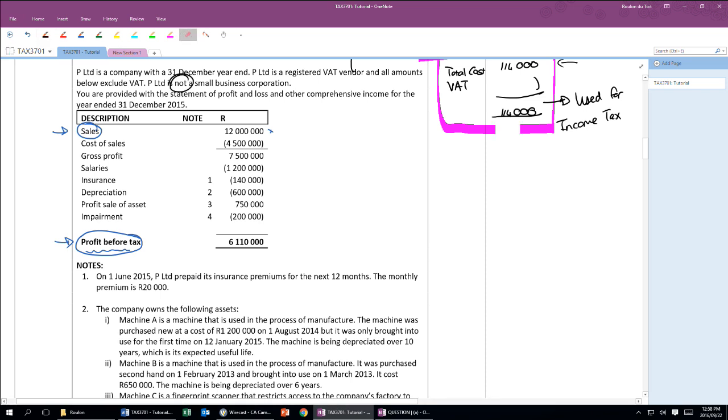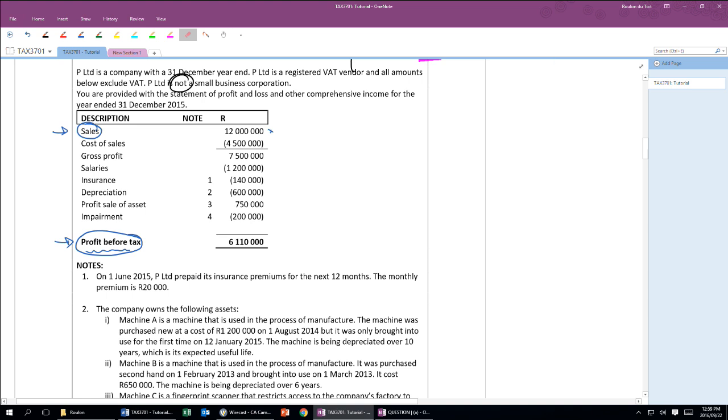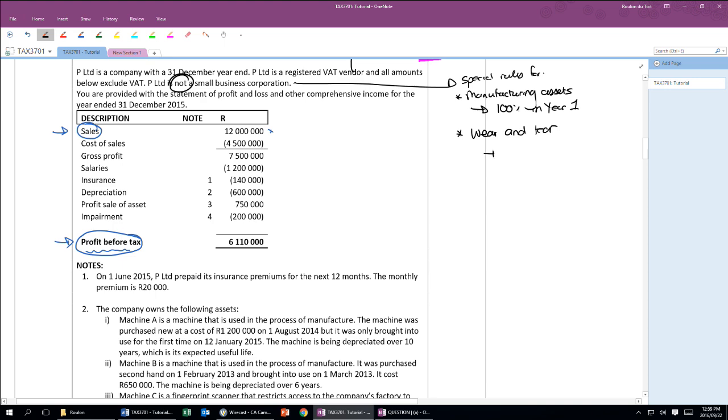What is also very important to remember about small business corporations is that there are special rules for manufacturing assets: you can claim 100% in year 1, and for wear and tear you can claim 50% in year 1, 30% in year 2, and 20% in year 3, and you do not apportion these for less than a year.